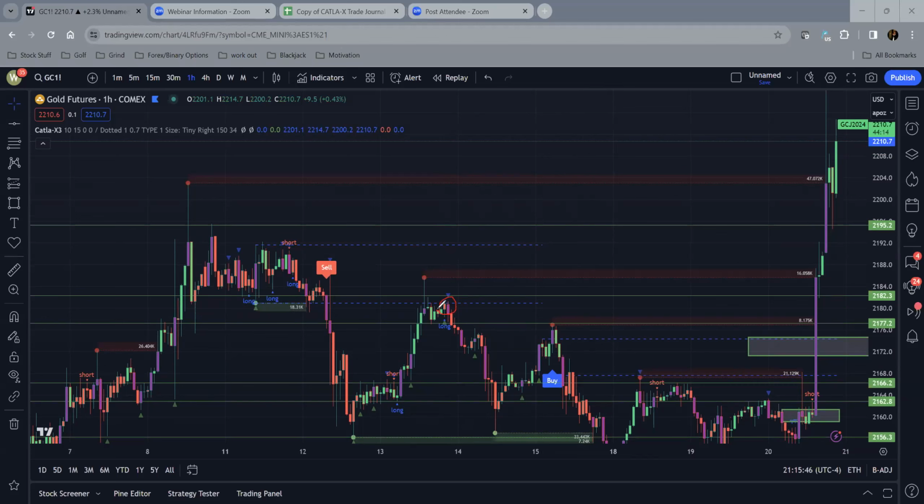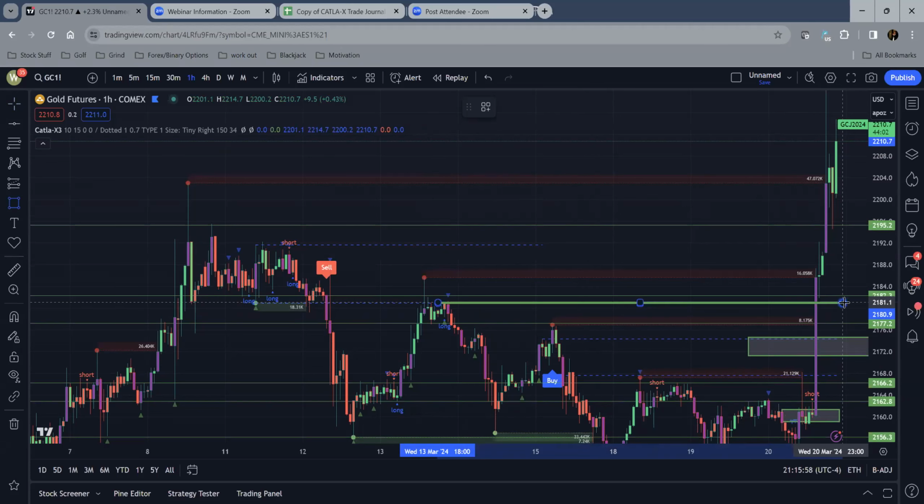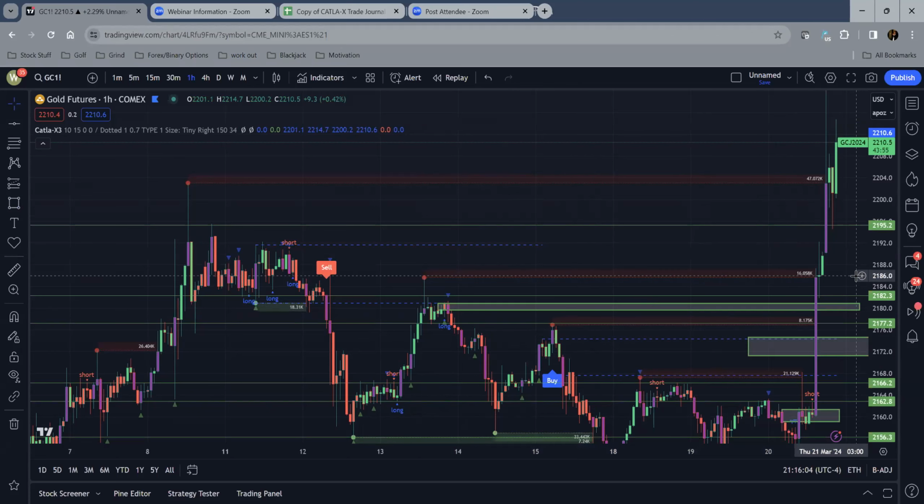Okay, so this would be a highly concentrated manipulation zone. So I'll block out this order block here and drag it across the screen, right? So let's see what type of price action we got on our execution time frame from it.